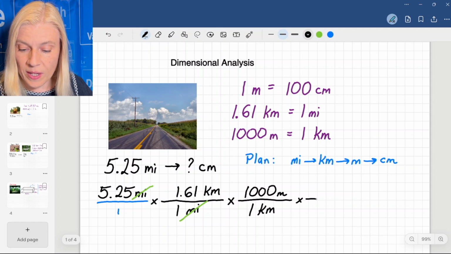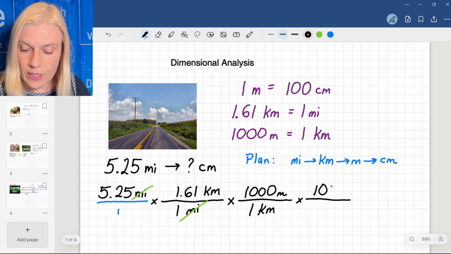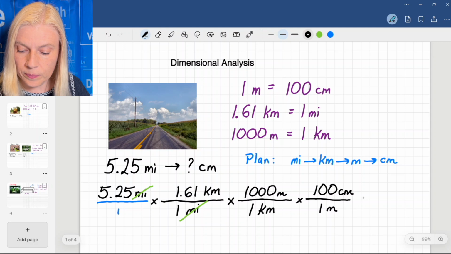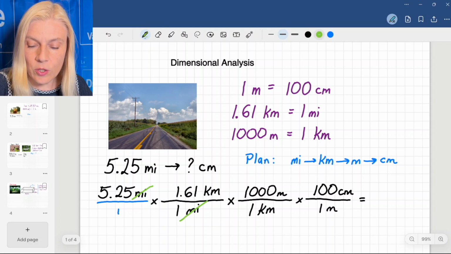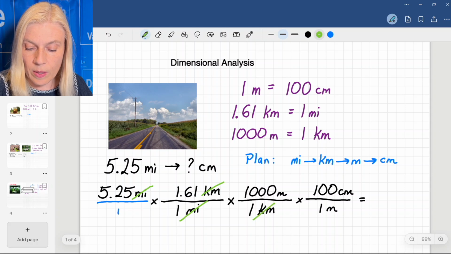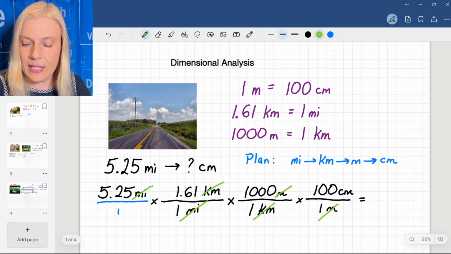Times, let's keep going. What else do I have? Well, there is 100 centimeters in 1 meter. Let's make sure all my units cancel out. I have kilometers on top, kilometers on the bottom, they cancel out. Meters on top, meters on the bottom, cancel out, and I'm left with centimeters on top.